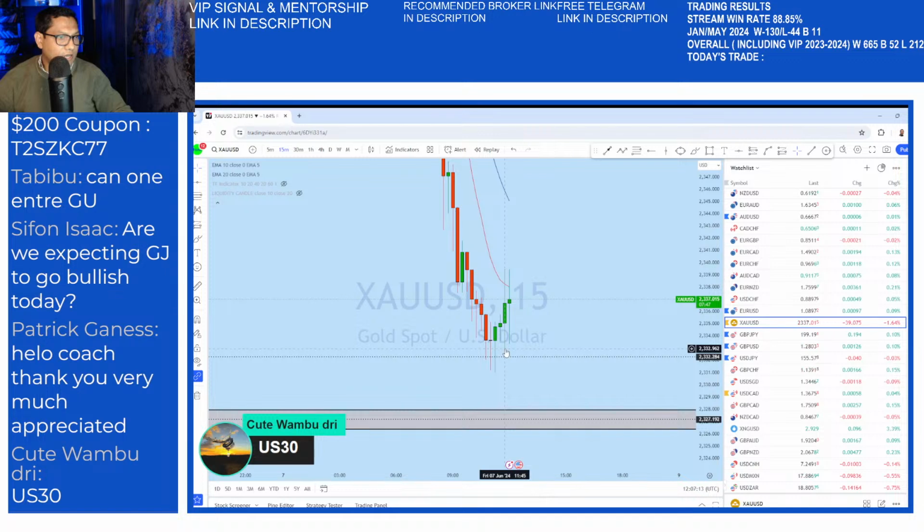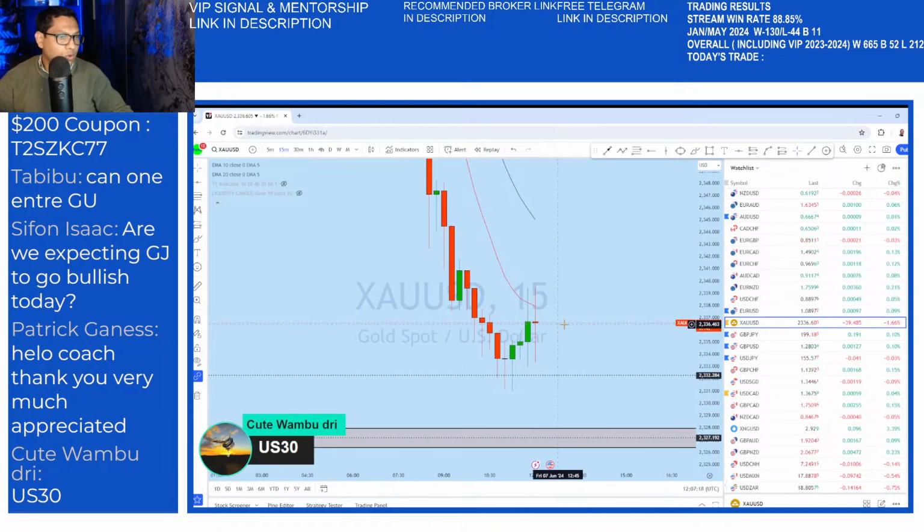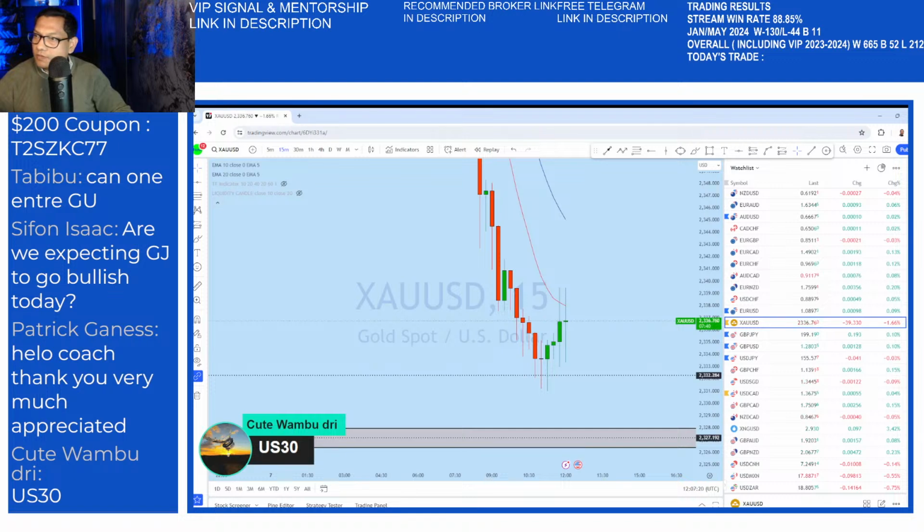Okay, so here is a huge liquidity candle followed by another long wick candle being formed.